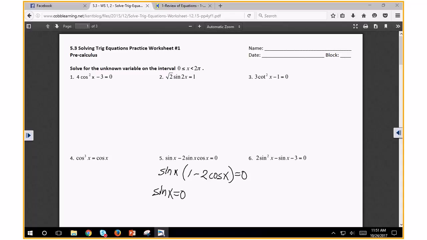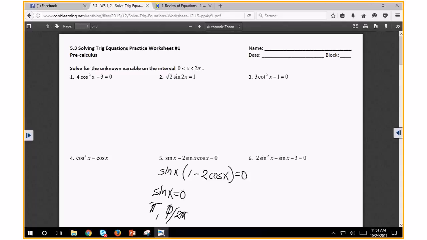So that means what? 0 and 2 pi. I mean 0, 2 pi, and 360. Pi, right? Okay, so that's that. Pi and 0, or 2 pi. So there's your 2 right there.